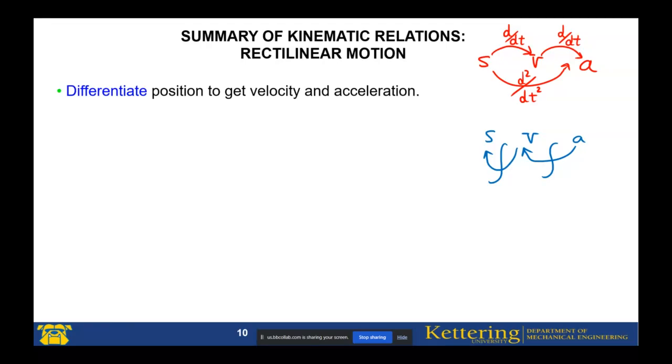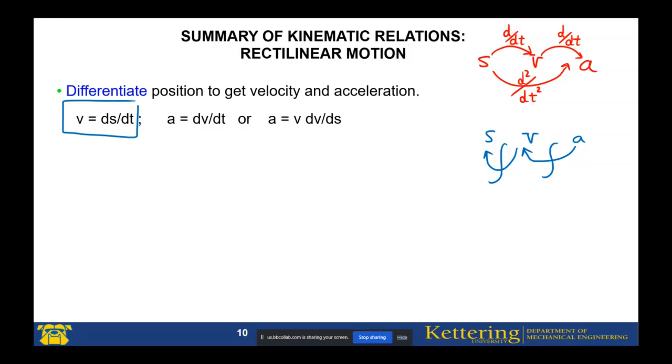Now, I show you some equations that you learned before. To find the velocity, this is this. And to find the acceleration from velocity, you take the derivative of velocity, and this is this. Now, what is the third equation?